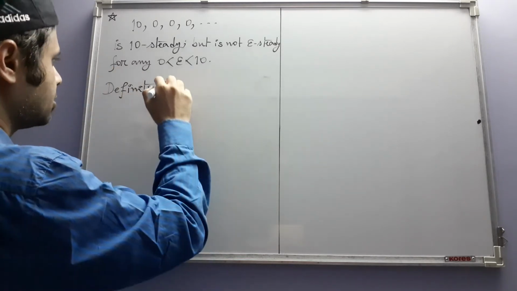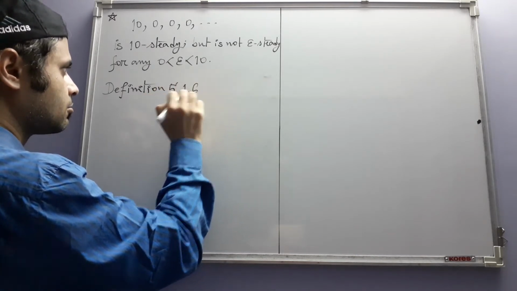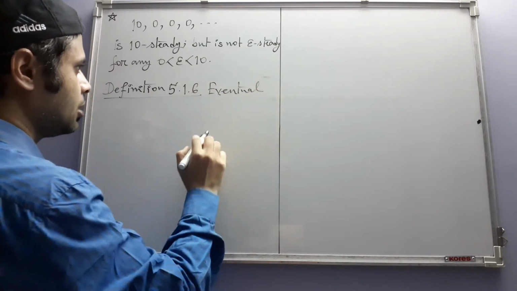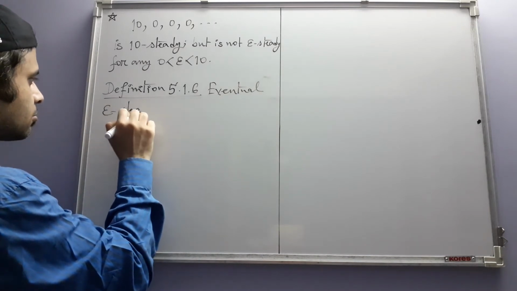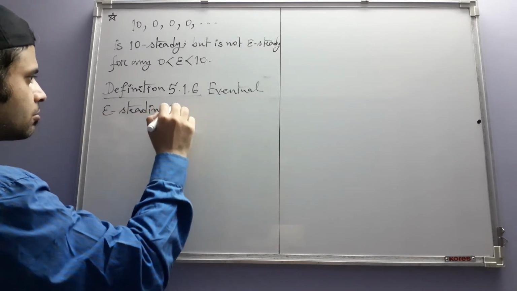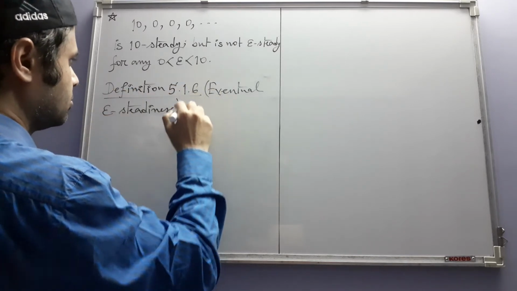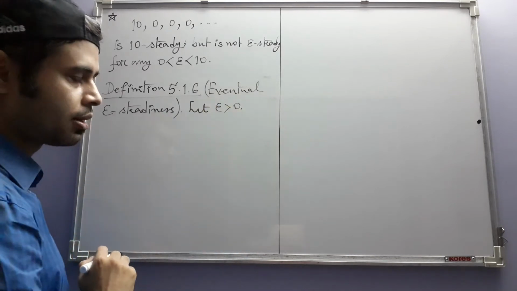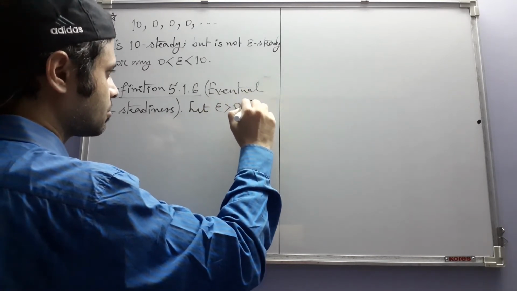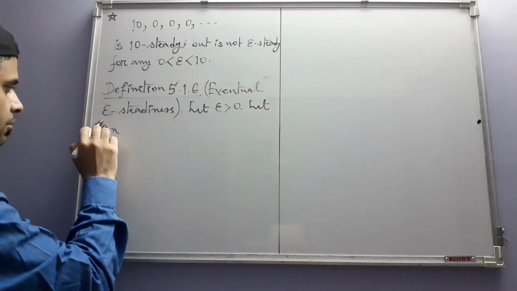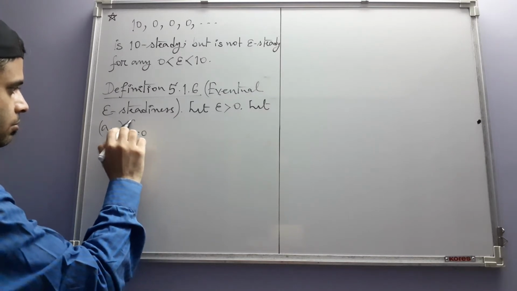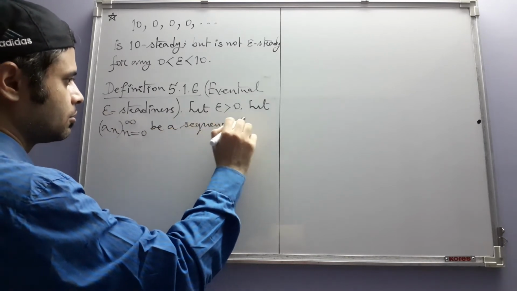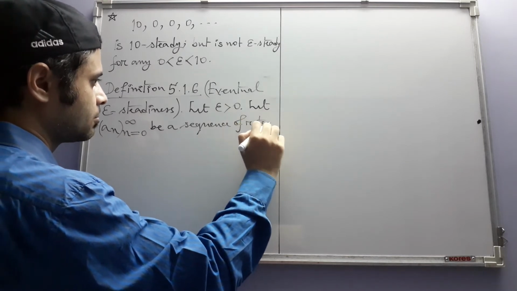This is definition 5.1.6. Eventual epsilon steadiness. Let epsilon be a positive rational number and let a_n be a sequence of rational numbers.